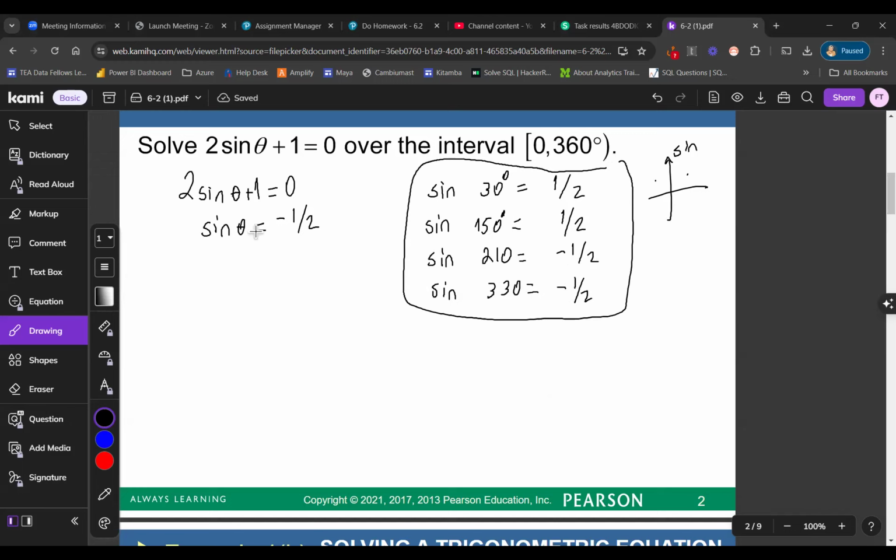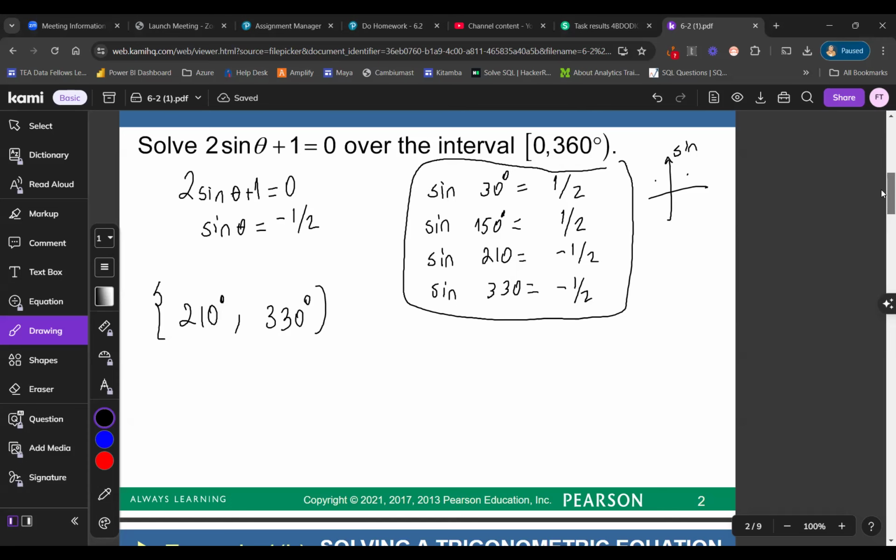If I go back to the question, they only want the angles whose sine value is equal to negative 1/2, and the angles have to be between 0 and 360. So the expected answer is that there are only 2 answers here, 210 degrees and 330 degrees. These are the only 2 angles in this interval whose sine value is equal to negative 1/2.